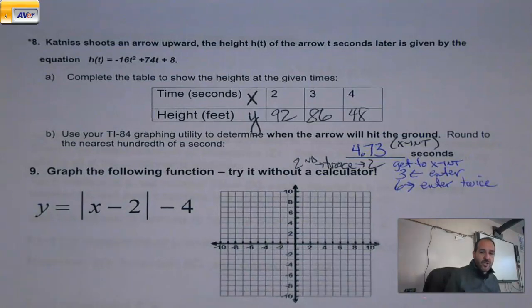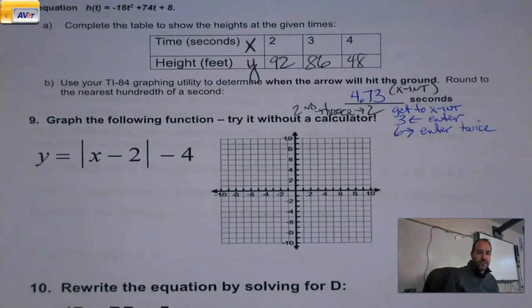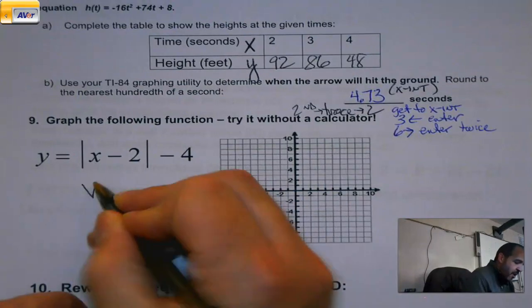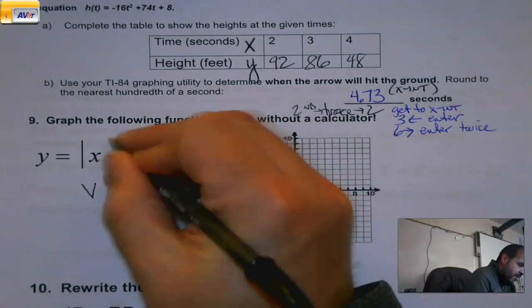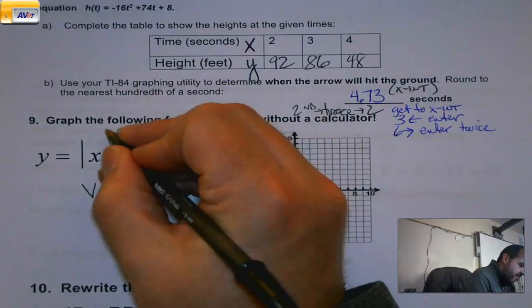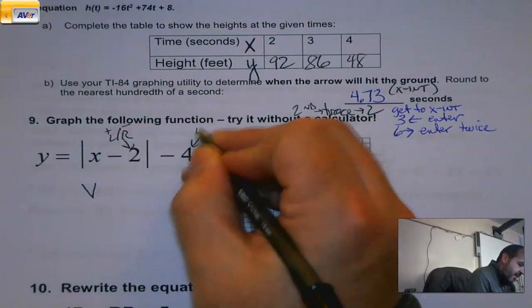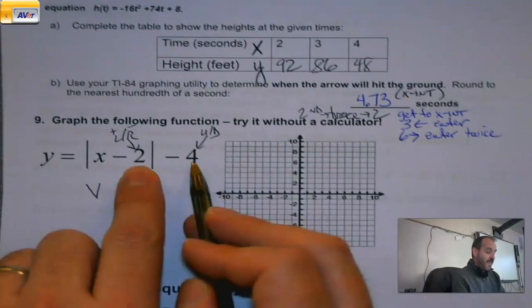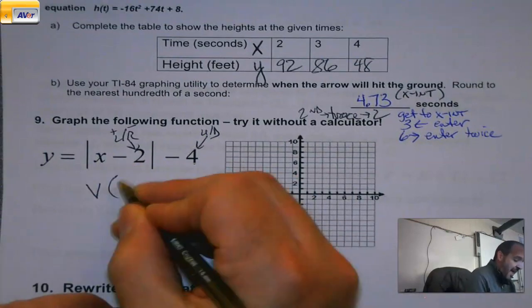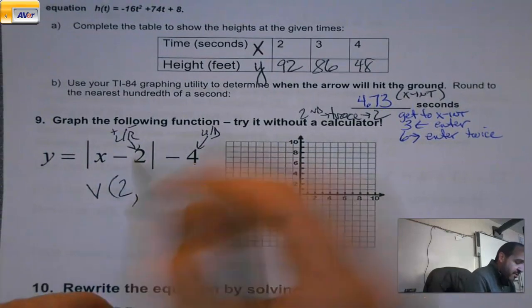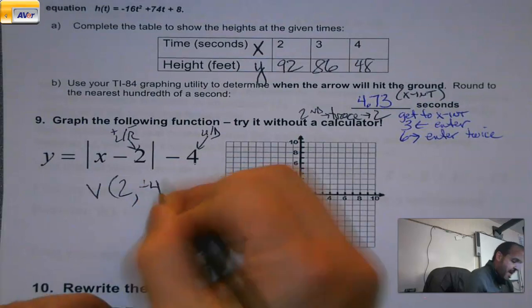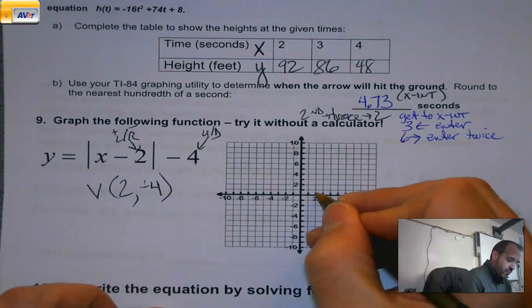All right, graph the following function. Try it without a calculator. Wow, how would I do this without a calculator? Remember, left, right, up, down, but it also tells me my vertex. Opposite of h, and k to -4.